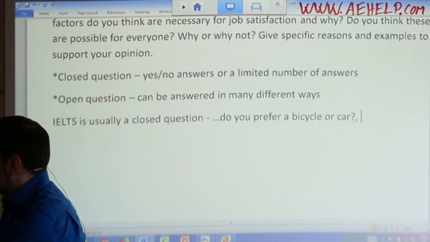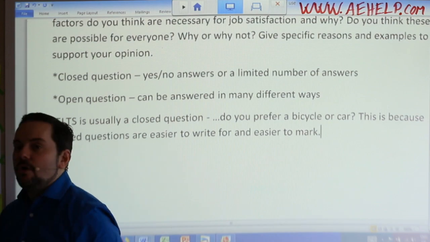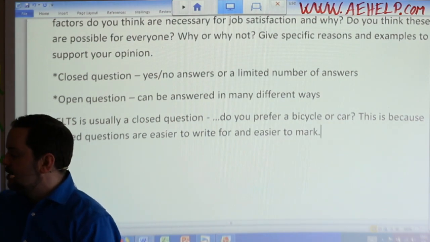And this is because closed questions are easier to write for and easier to mark. Okay, so IELTS is usually a closed question.